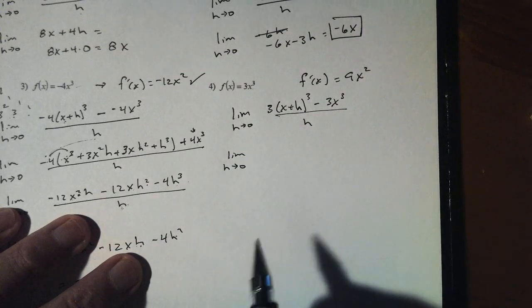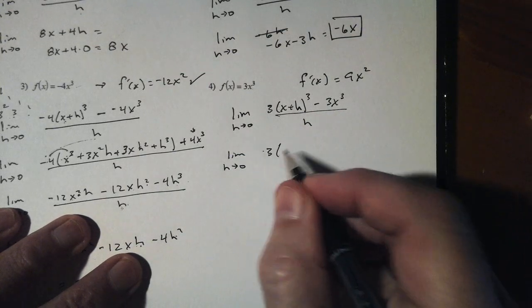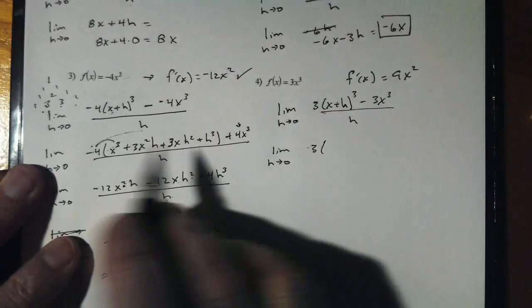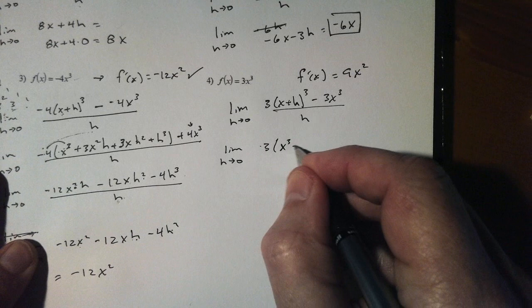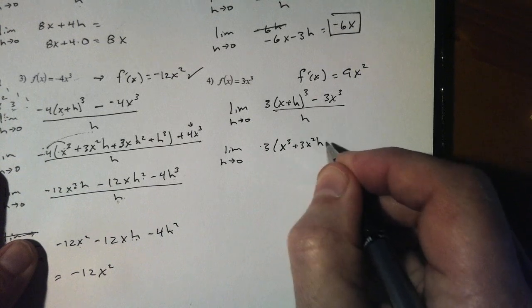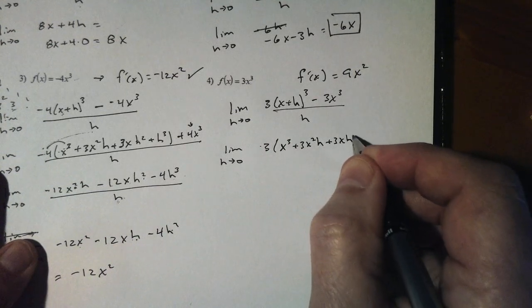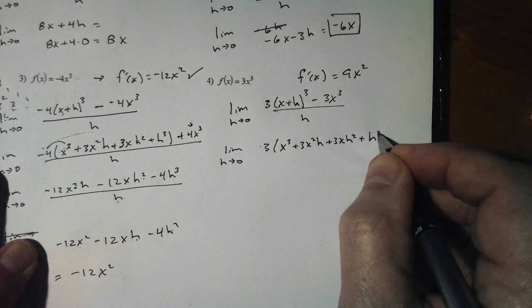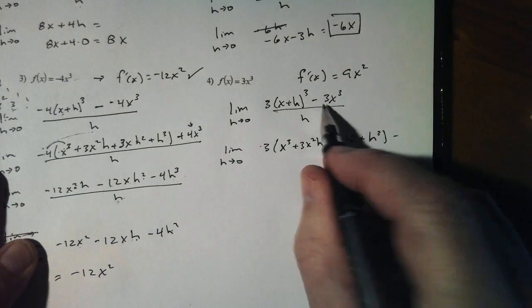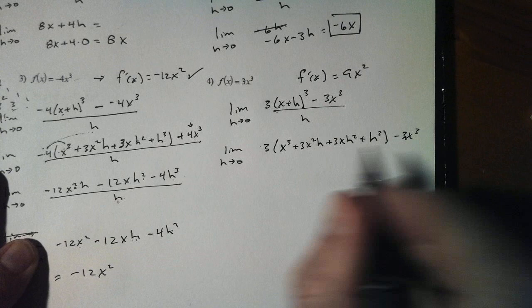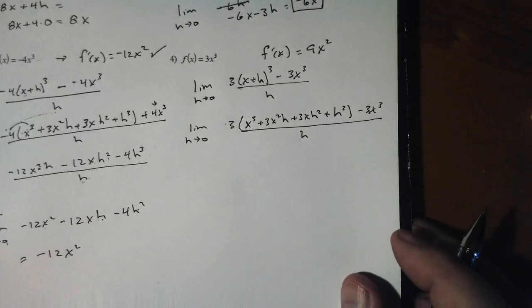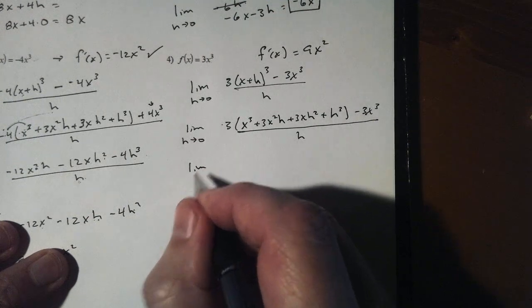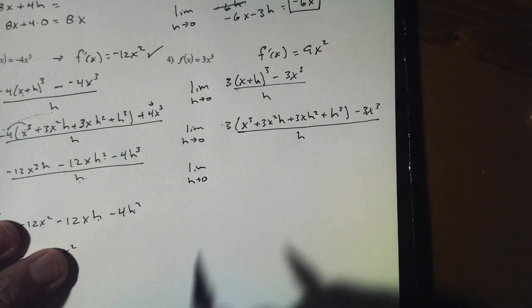And now it's just algebra. 3 times Pascal's triangle again, 1, 3, 3, 1, 1x cubed plus 3x squared h plus 3xh squared plus 1h cubed minus the 3x cubed all on h. Looking for the limit as h approaches 0.